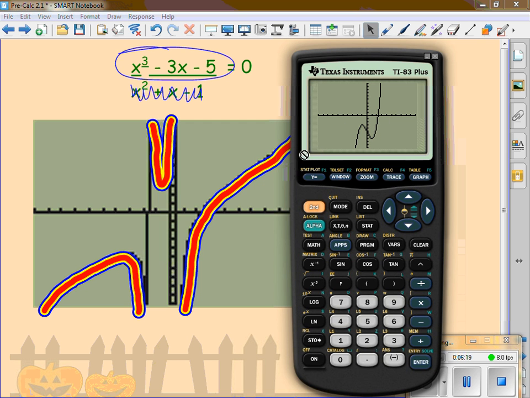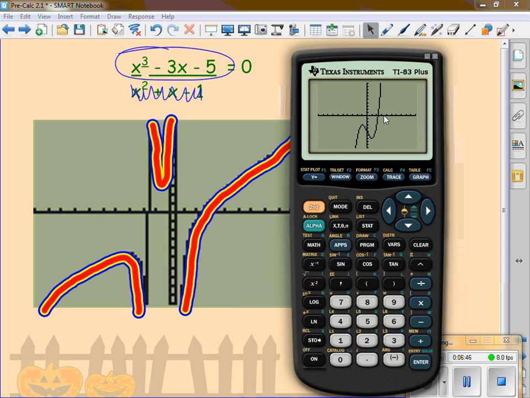If I could take this graph and put it over top, what are you going to notice? It's in the same spot. Just you don't have all of this stuff to worry about on your screen. You can actually sit there and go, that's my only zero. Oh, that's the part right there at the bottom. What it's doing is combining this one, and then this is changing it to look like this. You're taking out the part that's going to give me the asymptotes.